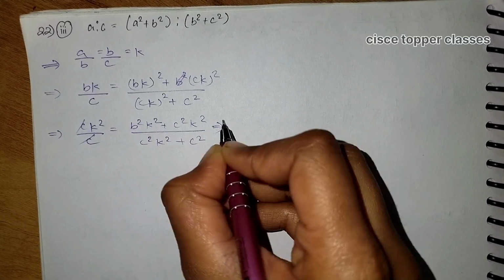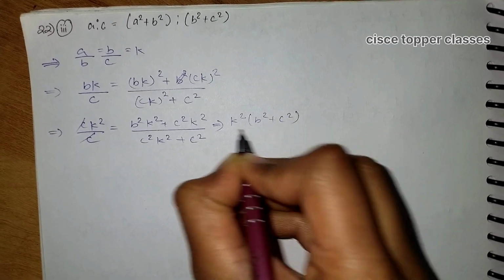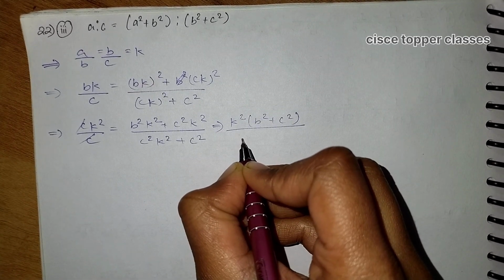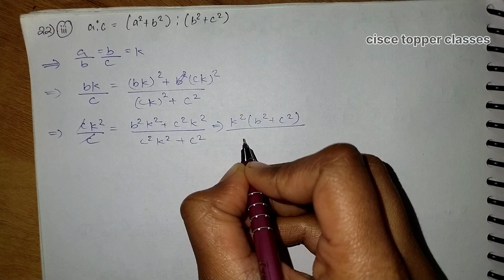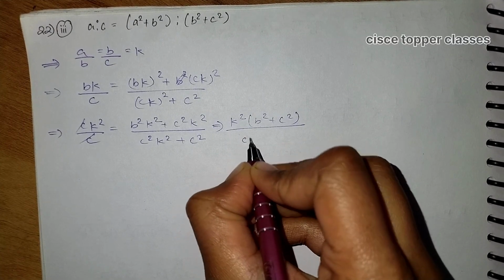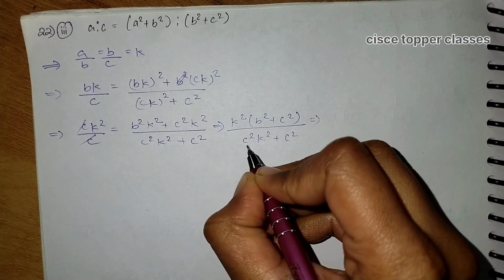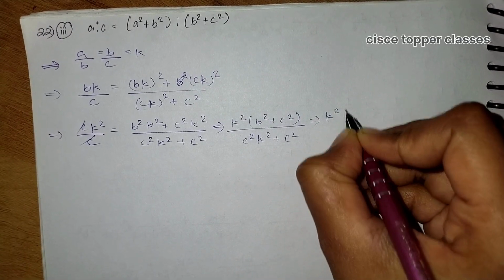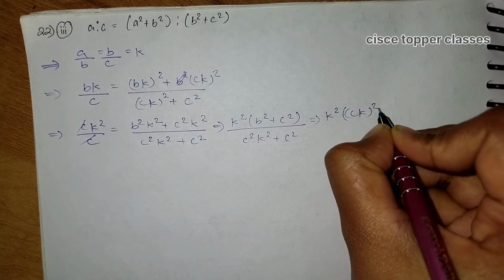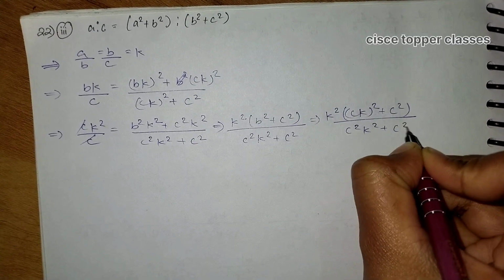So on solving, it will become k² taking common b² plus c² upon, here again c² we can take common. We will put the values here, c²k² plus c². So if we put in place of b², it will become k²(ck)² plus c² divided by c²k² plus c².